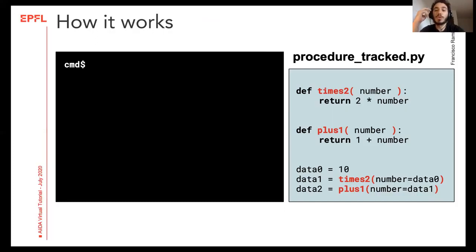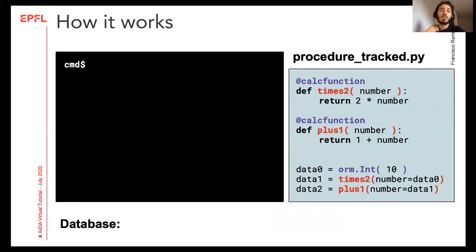And we run two calculations or transformations on it. The first one is to multiply it times 2, and the second one to add 1. Very simple procedure. And you can run the script like this and maybe print the result to a file to be used later for other processes or keep it in a different fashion. But as we have seen before, it is very easy to lose track of where this value of 21 came from.